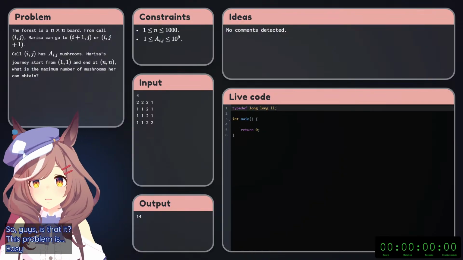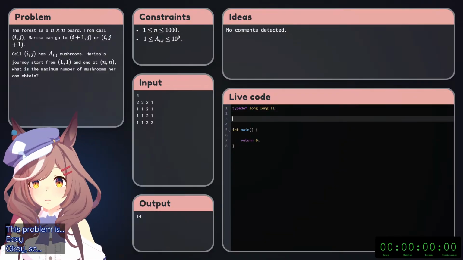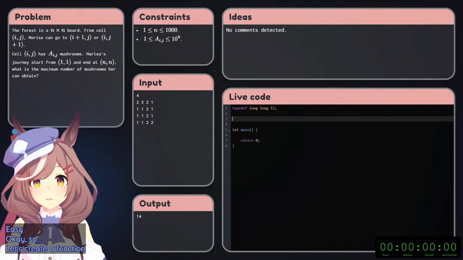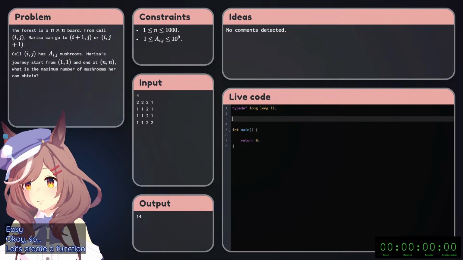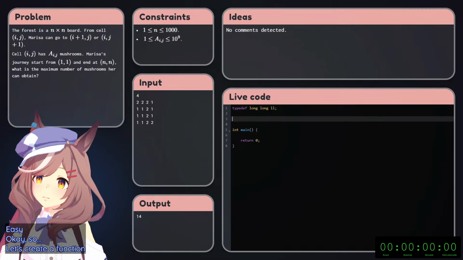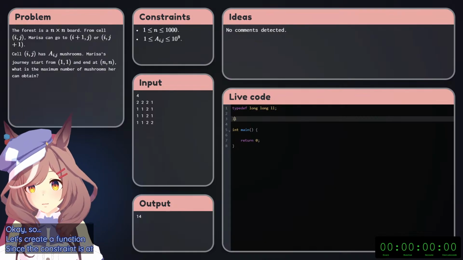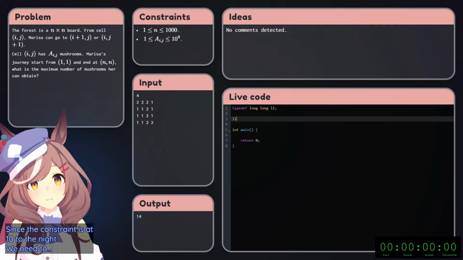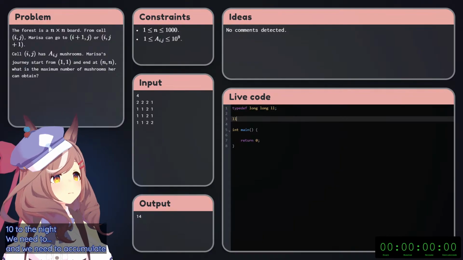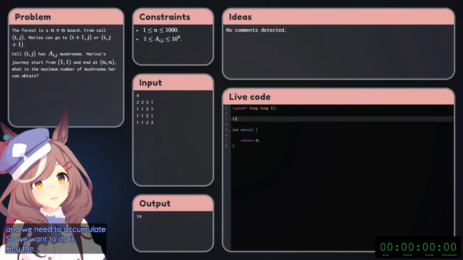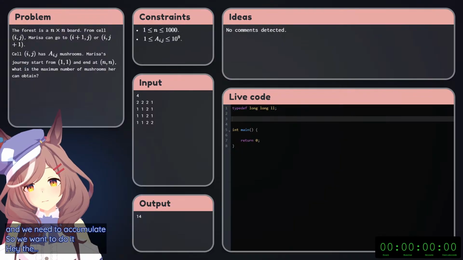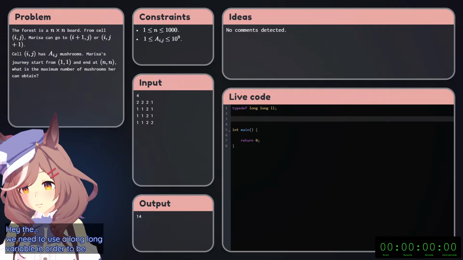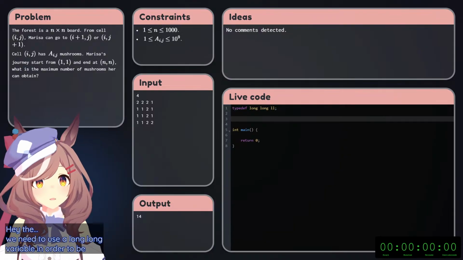Okay, so let's create a function. Since the constraint is 10 to the 9th, we need to accumulate the total, so we need to use a long variable in order not to overflow.